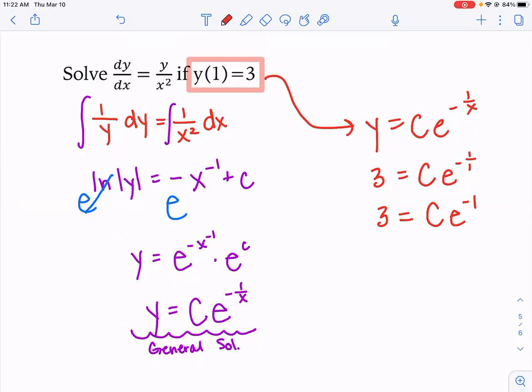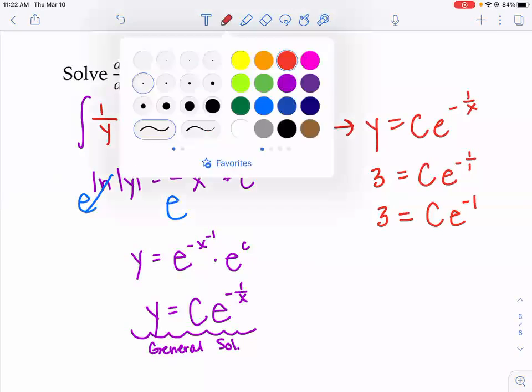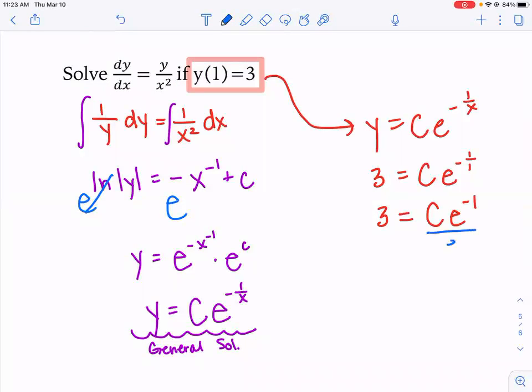I love algebra. Divide by e to the negative 1, right? And 3 divided by e to the negative 1 means c is 3e to the positive 1, right? I can take that negative exponent and bump it up.